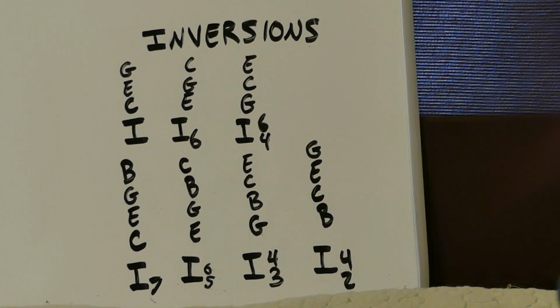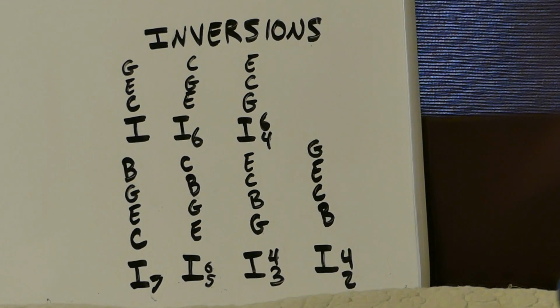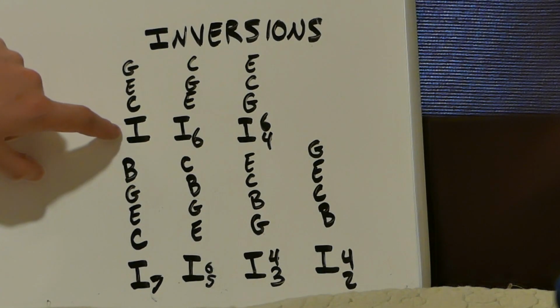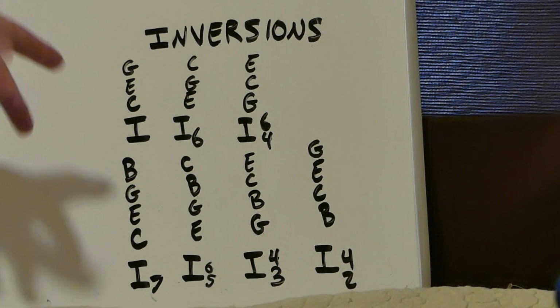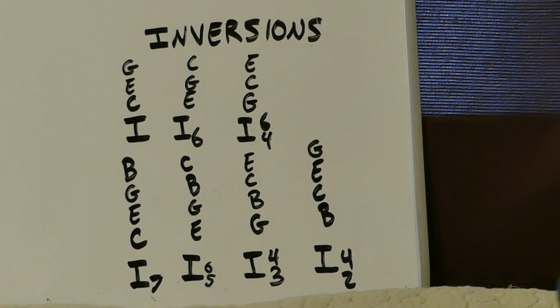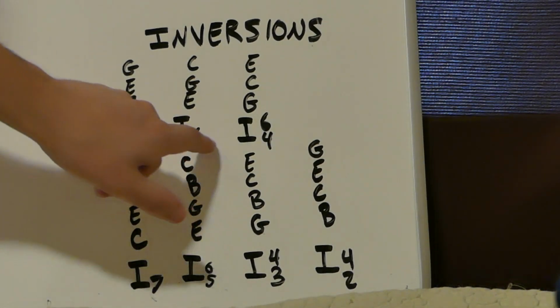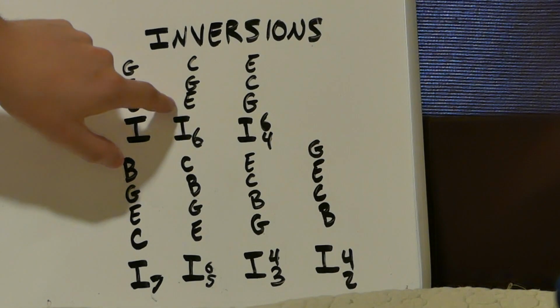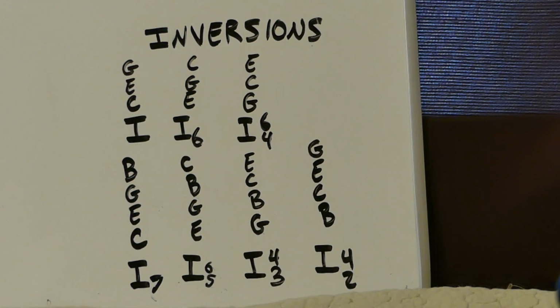These are Roman numerals. In music you denote chords with Roman numerals. So if this is major, it's an uppercase I. If it was a minor C, then it'd be a lowercase i. Okay? And the reason it is a sixth is because the relationship between an E and a C is a sixth away.